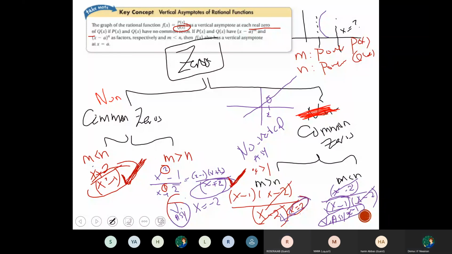Yes. Okay. Now, finding the vertical asymptotes. In this problem, we have to find the vertical asymptotes of y equal x plus 1 over x minus 2 times x minus 3.